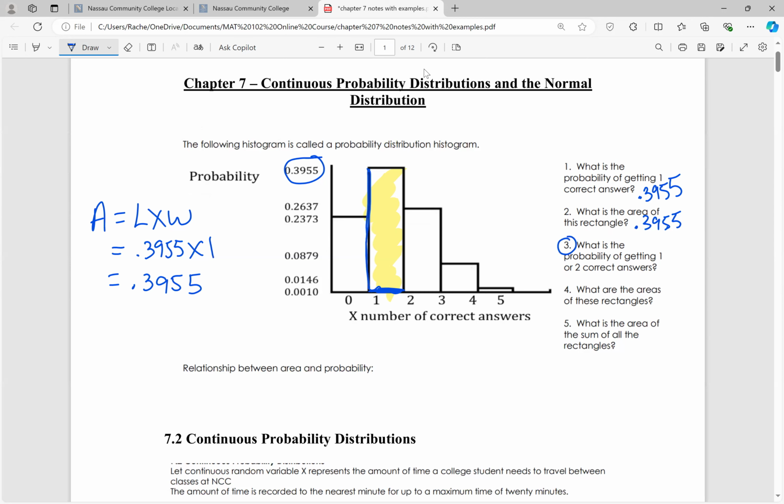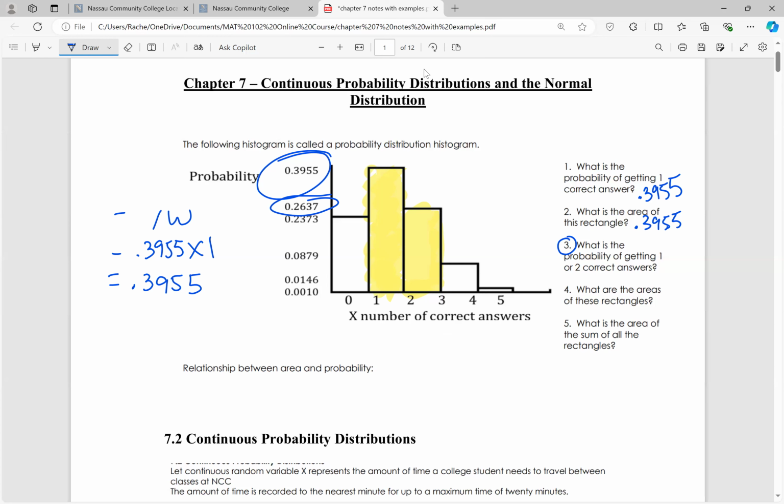Let's look at question 3. What is the probability of getting 1 or 2 correct answers? So let's cross this out. Now, 1 or 2 are going to be these shaded rectangles, right? So this is x equals 1. The second one that I shaded is x equals 2. So we're going to add the two probabilities together, right? So the height of the taller rectangle is 0.3955. And then the height of the next rectangle is 0.2637.